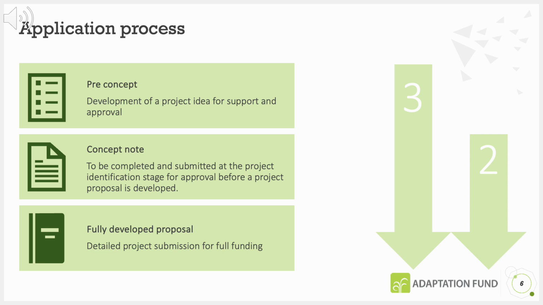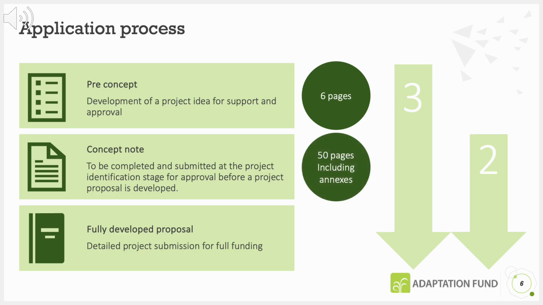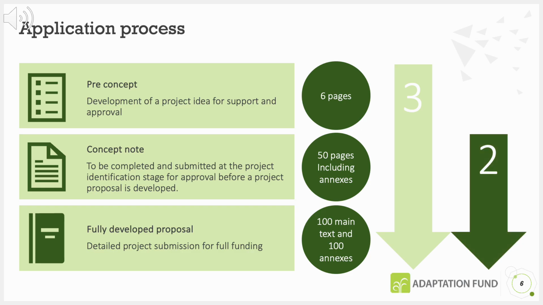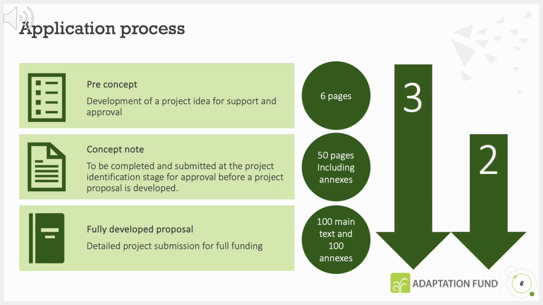The length of the proposal should not exceed 6 pages for the pre-concept, 50 pages for the concept note, including its annexes, and 100 pages for the fully developed proposal, and a further 100 pages for its annexes. Applicants can choose to go through the 2-step or 3-step process, depending on their level of readiness.